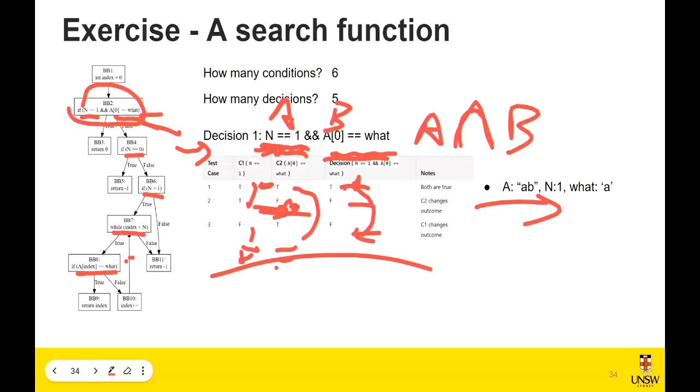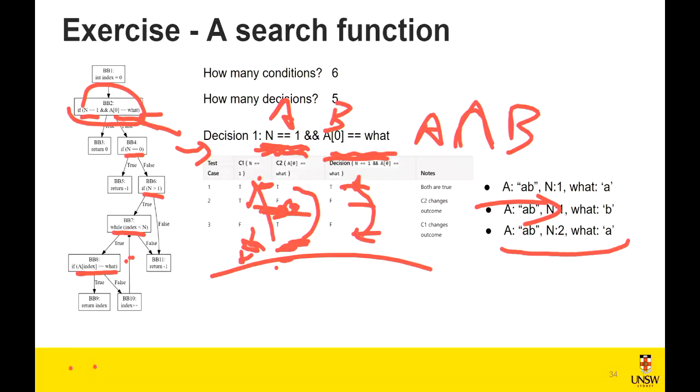We just set n equals 1, and the first character equals the one we want to search for. And the second one, n equals 1, and the character is not the first of the string. And the third one is n is not 1, but the character is the first character of the string.